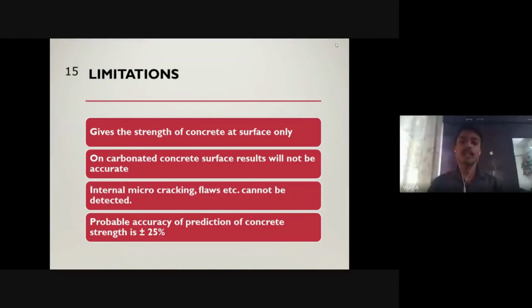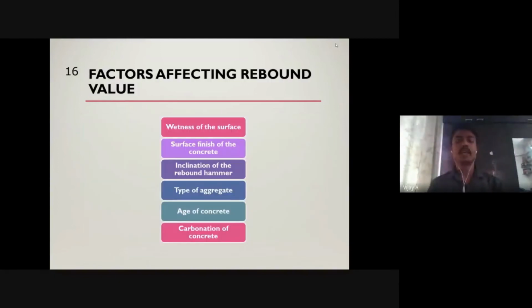The probable accuracy of prediction of concrete strength is plus or minus 25%. And why does the rebound hammer have such limitation? Because the rebound hammer may get affected by different factors like wetness and the surface finish of the concrete.